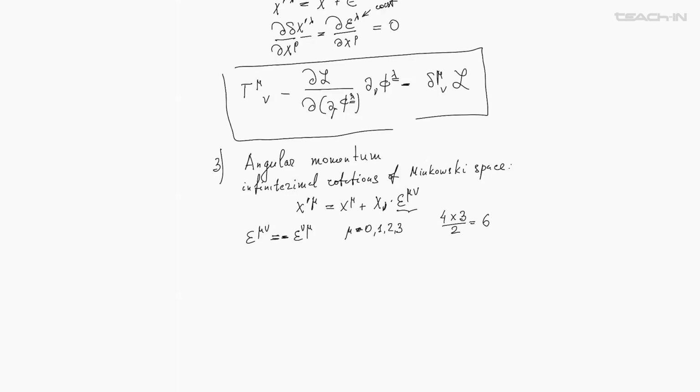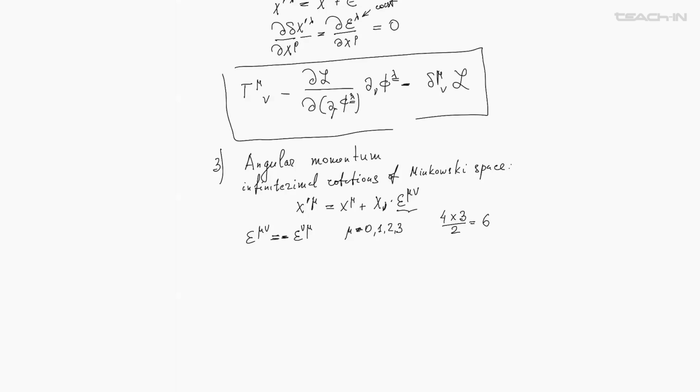Okay, so 6 parameters making this antisymmetric tensor. And now we have to find the response of our coordinates to such a transformation.